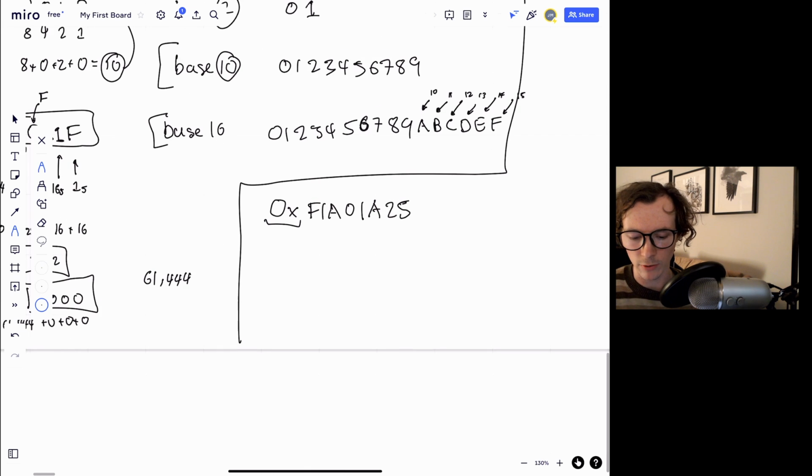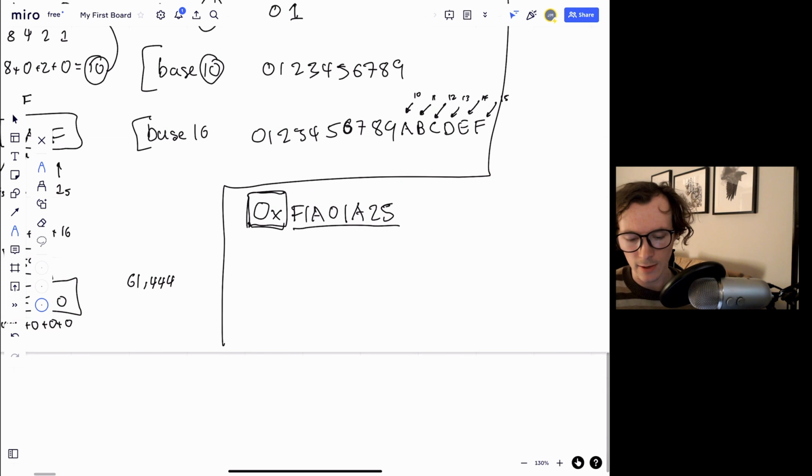So this isn't part of the number. This is just telling you that it is a hexadecimal number. And then this is the hexadecimal number. And the place that this is seen is in memory addresses, which I will explain in another video. But in short, a memory address is where you put binary in storage inside your computer.